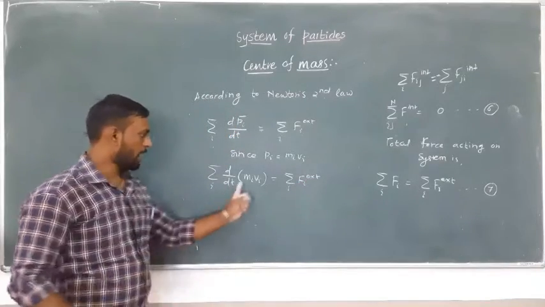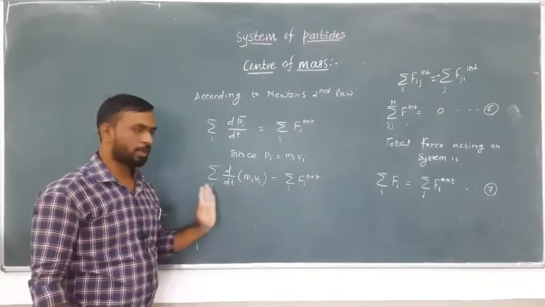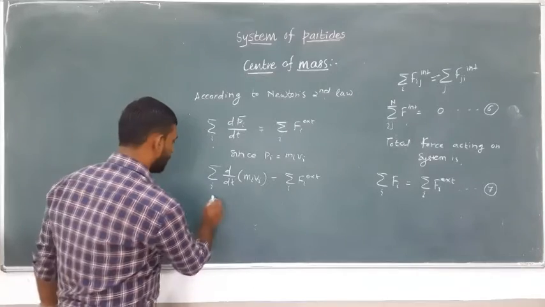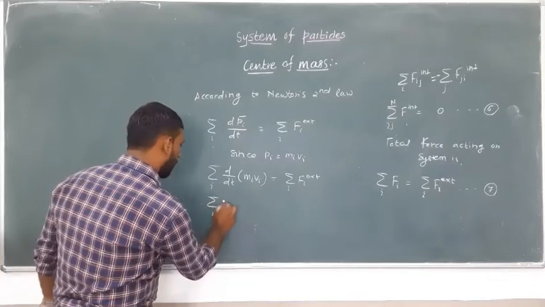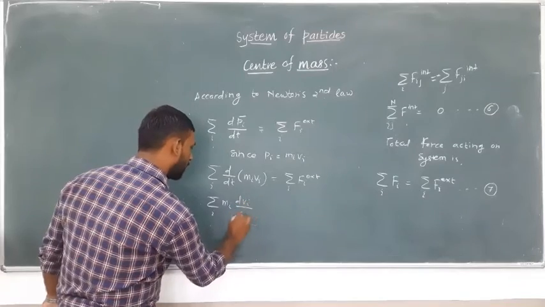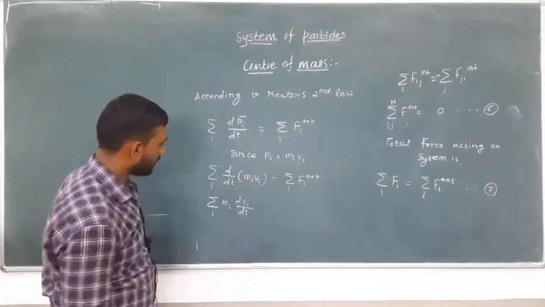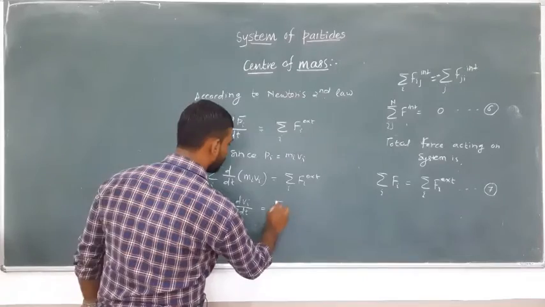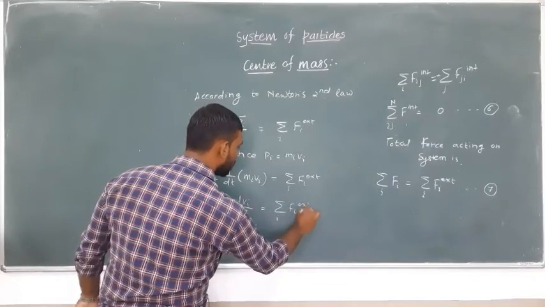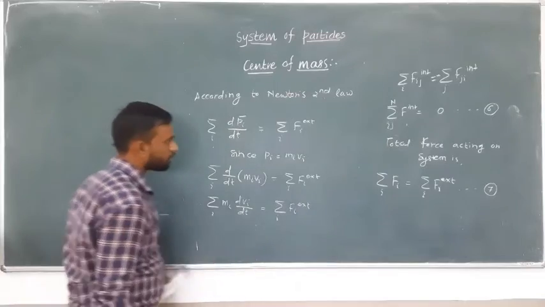Since mass is not time dependent, keep it outside the derivative but within the summation sign, so mi dvi by dt is equal to Fi external.